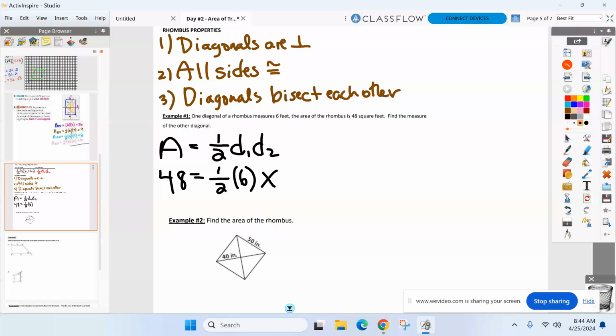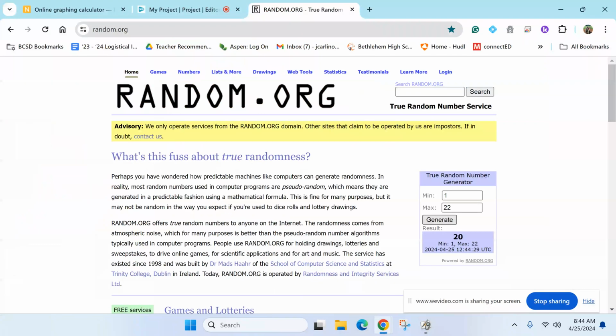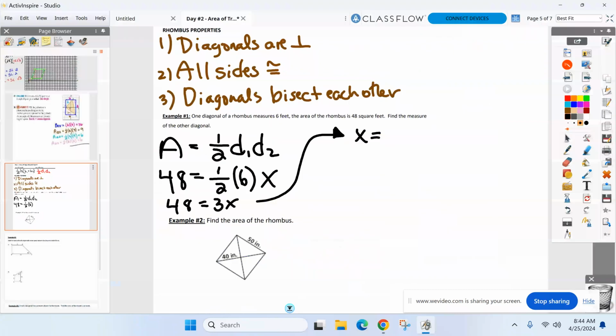Maybe some of you are doing 1/2 of 6, giving you 3. And when you have it, let me know what the other diagonal length is there. Brendan, when you have it.